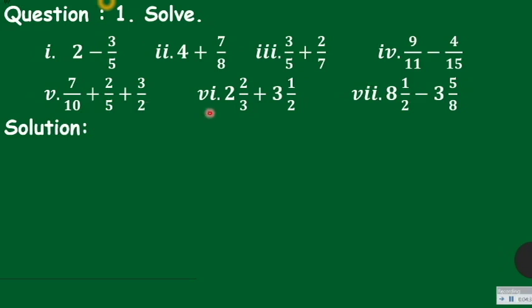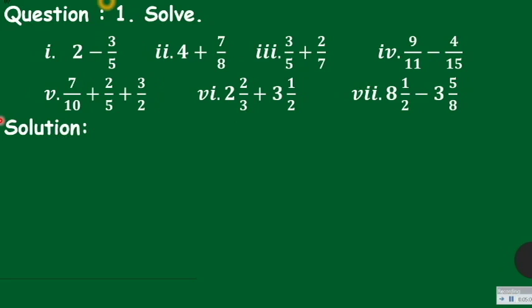If we talk about the 6th and 7th, they both have mixed fractions, but the sign is different. It means here we need to do addition, but here we need to do subtraction. So these two questions we are going to do with the same method, this one with another method, and these two will also use the same method.